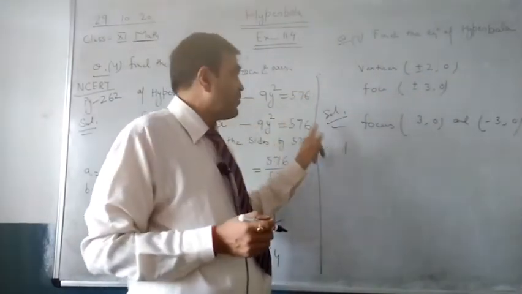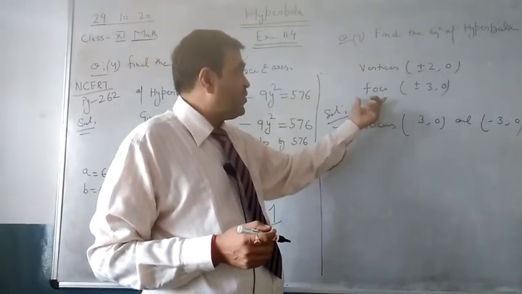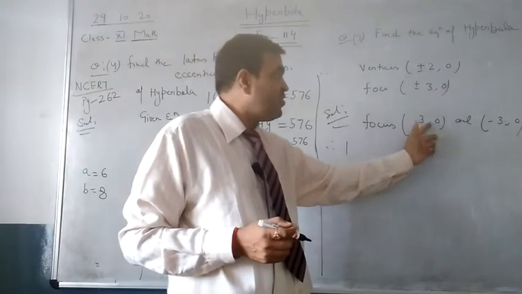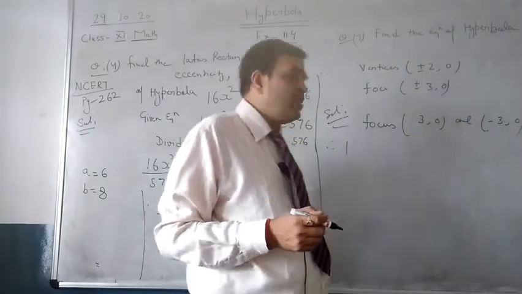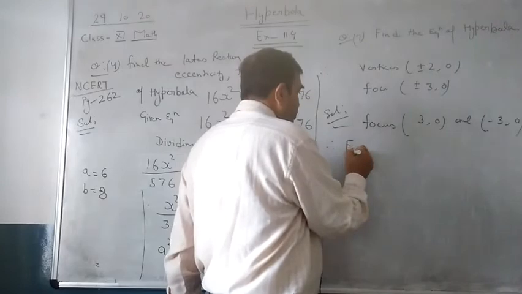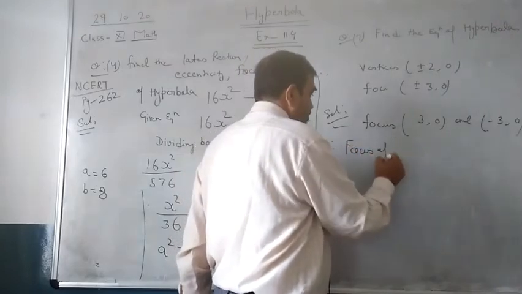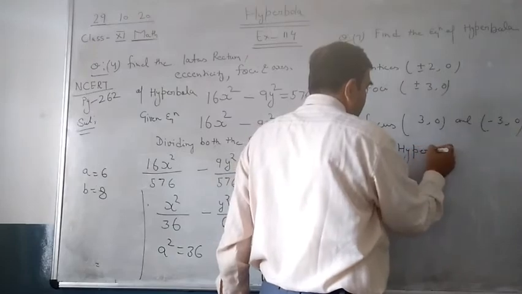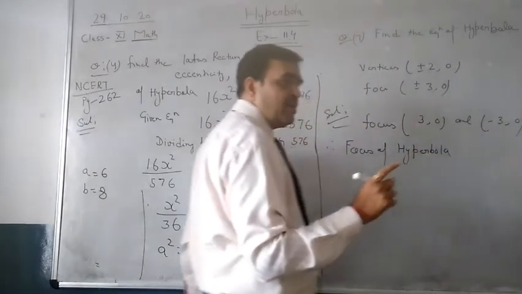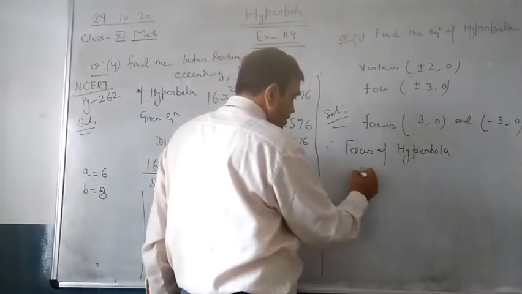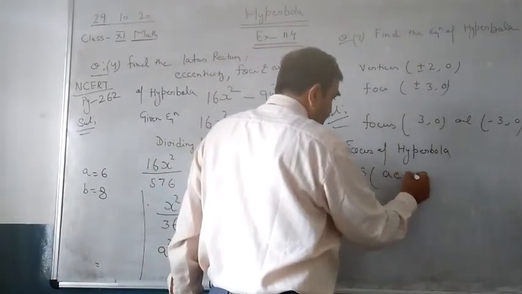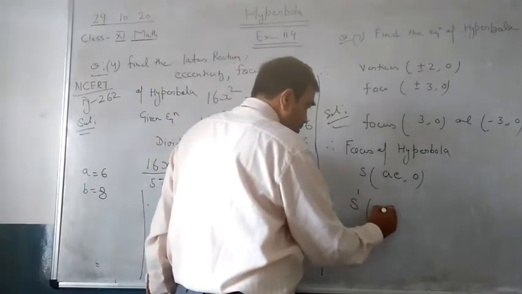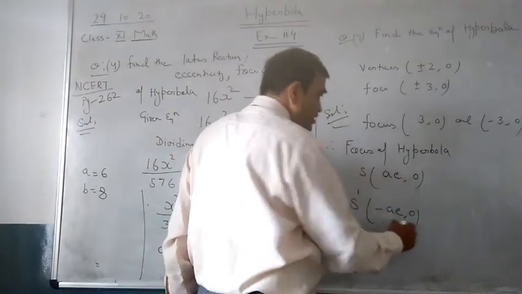We know that foci plus minus 3 comma 0 means 3 comma 0 and minus 3 comma 0. And you also know the foci of hyperbola have coordinates ae comma 0 and minus ae comma 0.